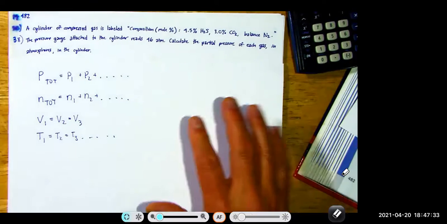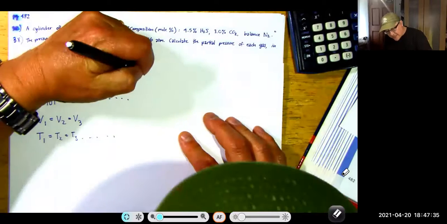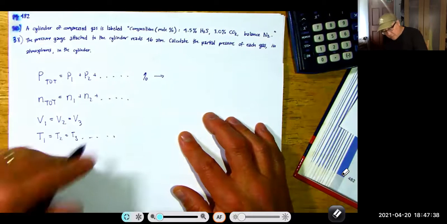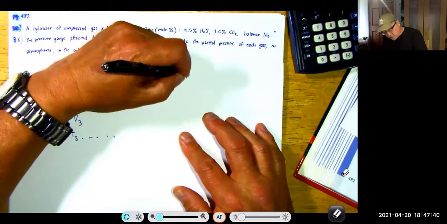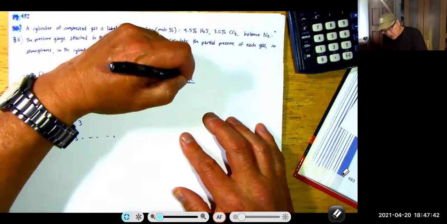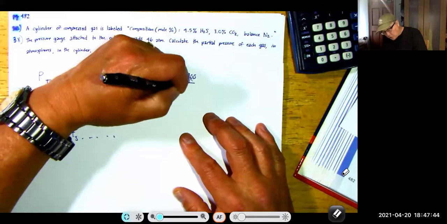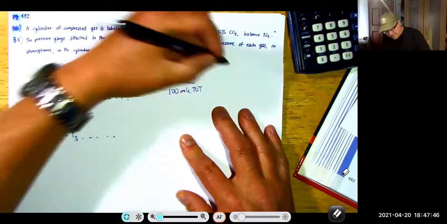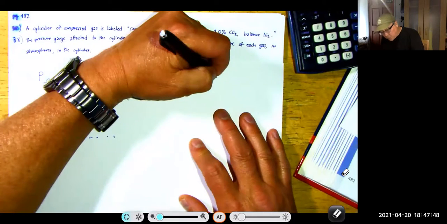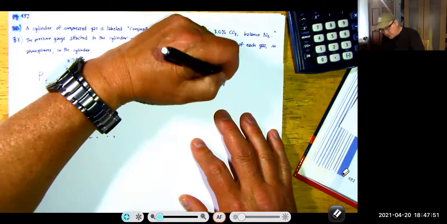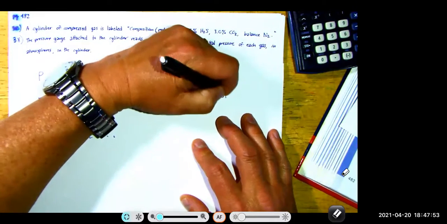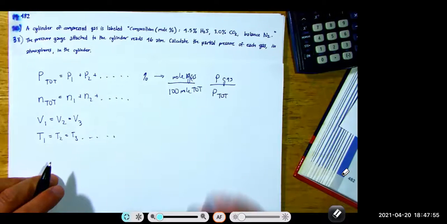The important thing is that whenever you're given the percentage, that can mean moles of N2 or moles of gas over 100 moles total, or it can mean the pressure of the gas over the pressure total. And so let's see how that can be used here.